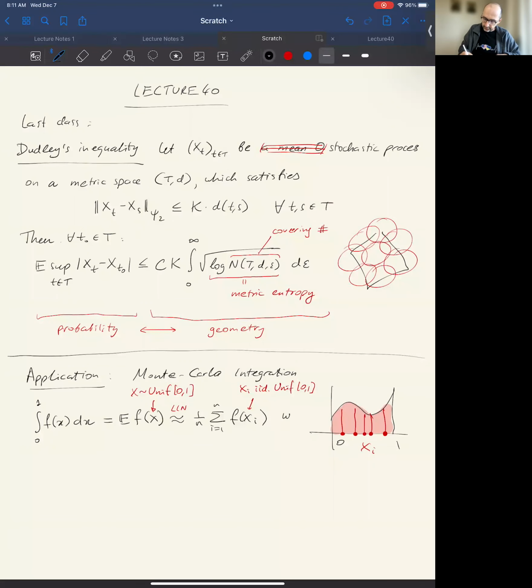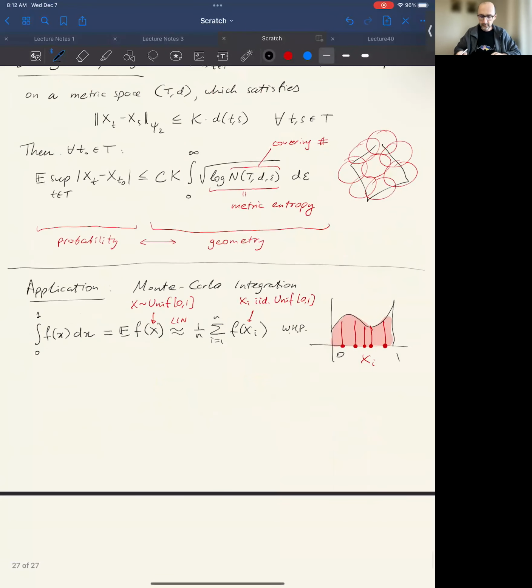This holds with high probability. That's what the law of large numbers is saying, that the expected value is approximated by the sample mean. So that's a numerical randomized algorithm for integration. Just take the sample, take the arithmetic mean, you're done.